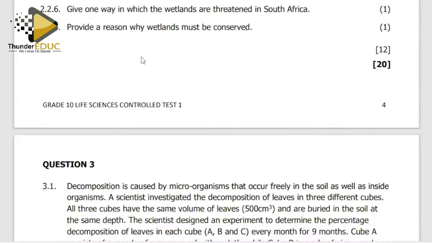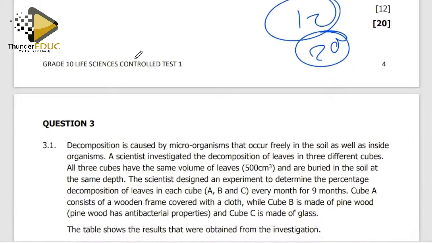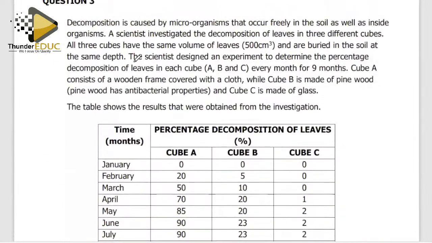So who got 12 out of 12 or 20 out of 20 in this section? Then we go to the last question. Decomposition is caused by microorganisms that occur freely in the soil as well as inside the organism. Scientists investigated the decomposition of leaves in 3 different cubes. All 3 cubes have the same volume of leaves.